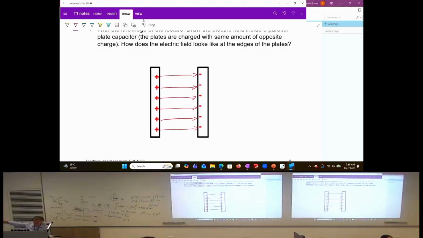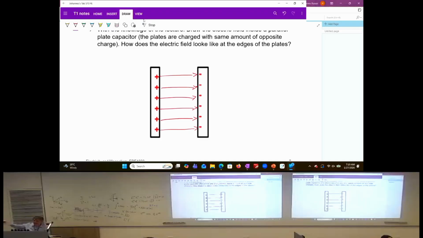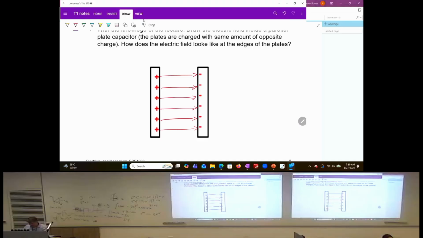So you have to make sure, if you are drawing a field line sketch, to transmit the right information, the spacing really has to be uniform. And out there, you can assume that also because it has to run from plus to minus.